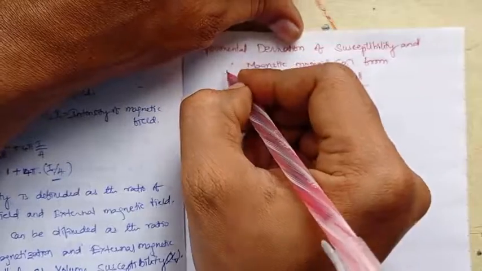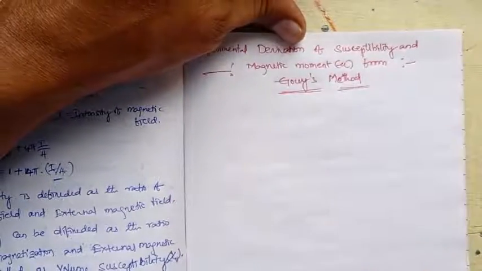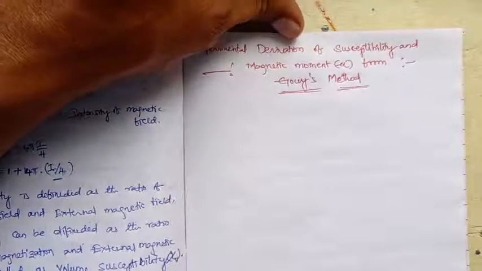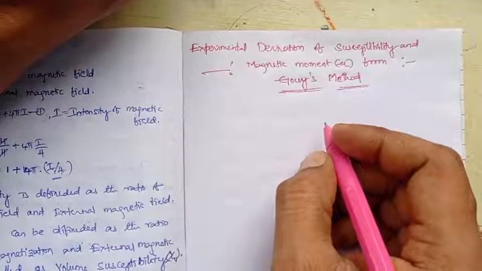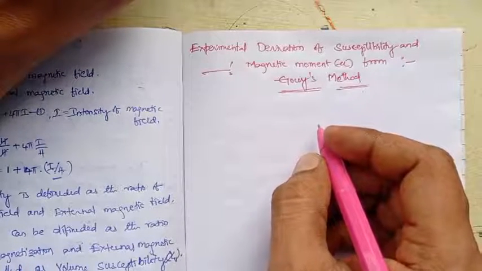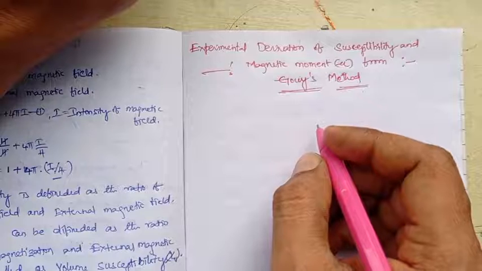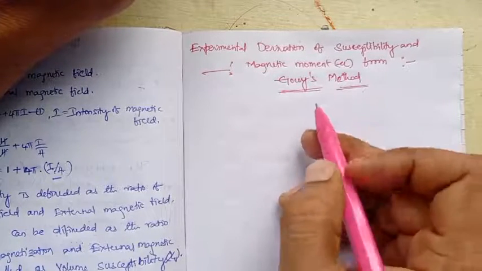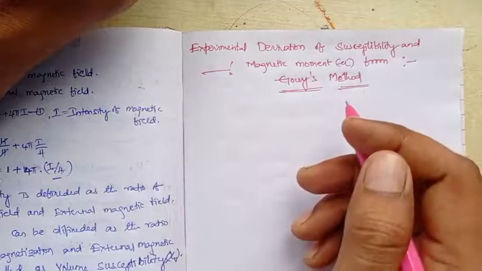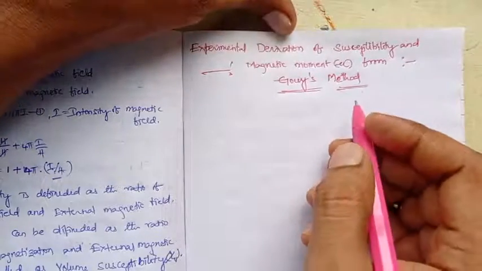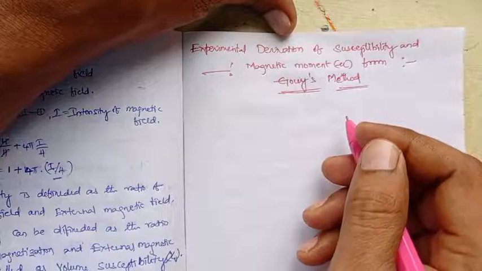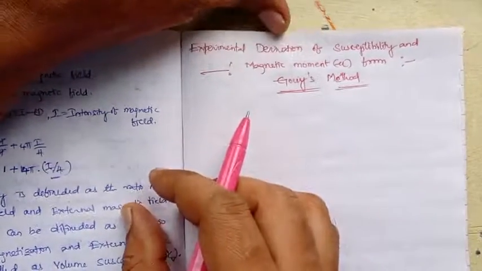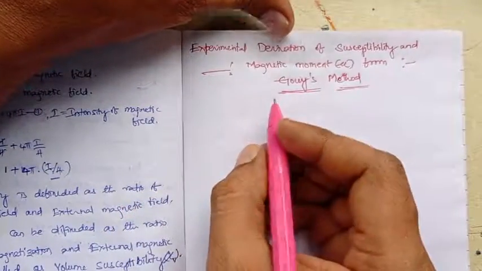There is a simple experimental method for calculating the magnetic susceptibility of a sample and the magnetic moment. Both can be calculated by Gouy's method. This is a common and simple method to calculate susceptibility and magnetic moment, right?